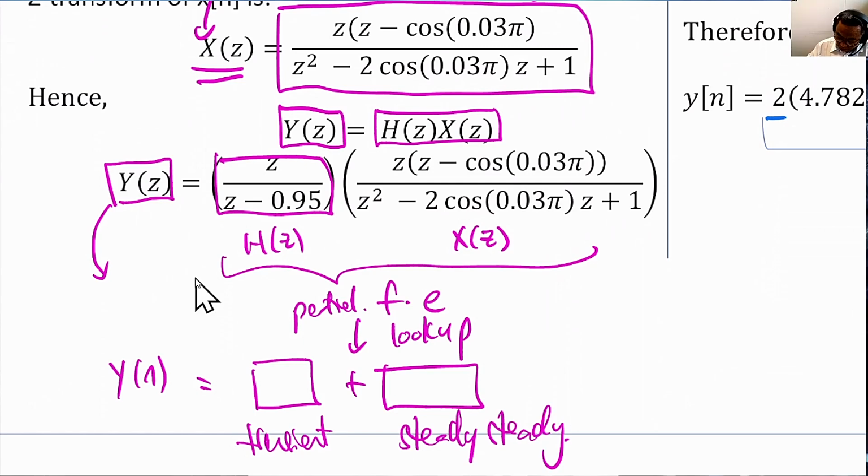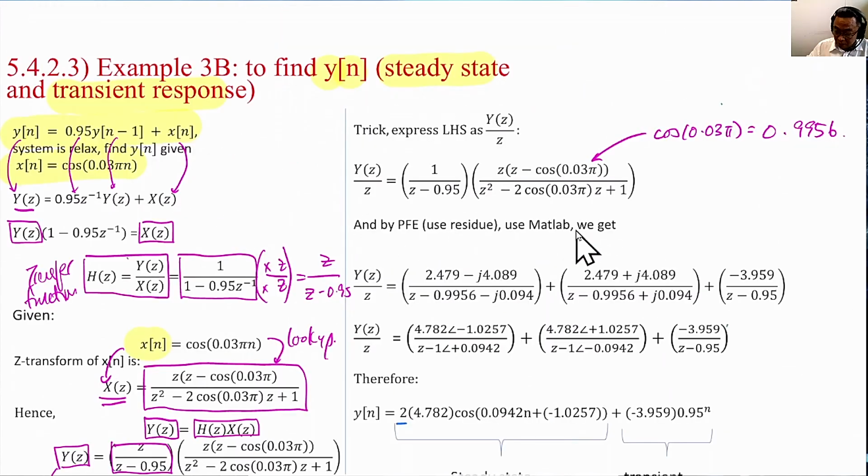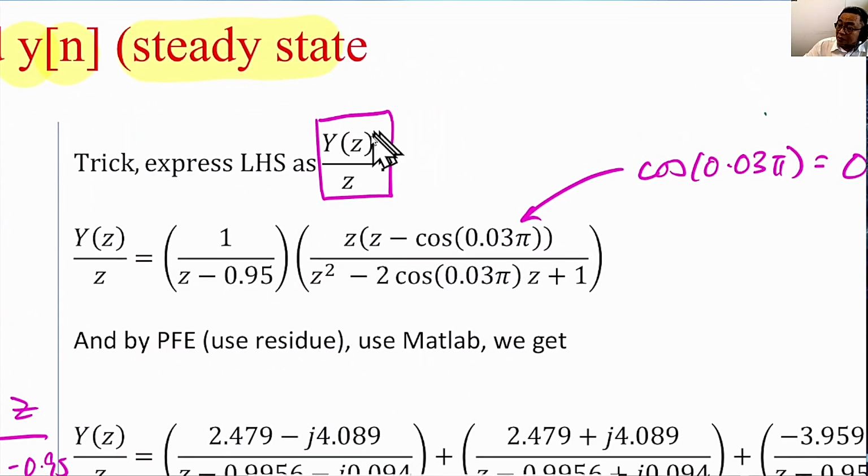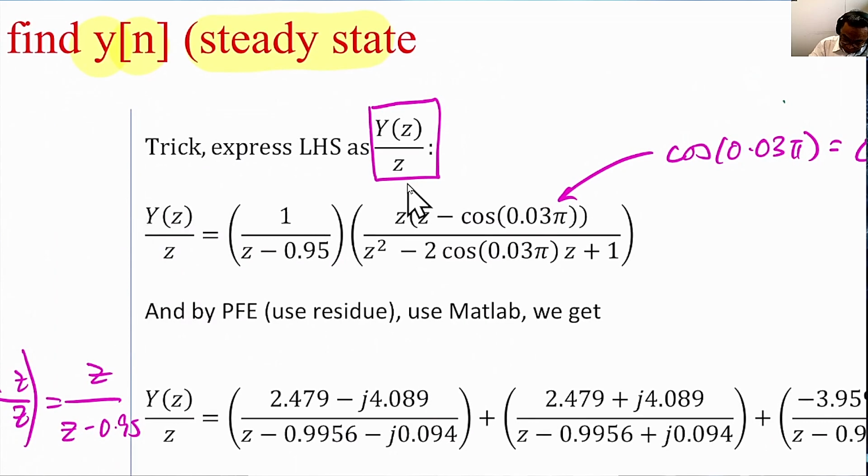It is non-trivial to do partial fraction expansion because here we are operating with a very complicated expression. The other thing to take note of is that because we are playing with positive powers of z, the trick is to express the left hand side as Y(z) over z first. Notice that this z came from here originally, it was z over z minus 0.95.